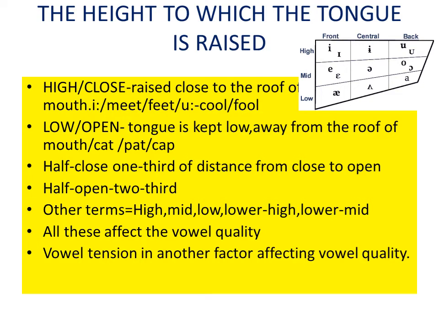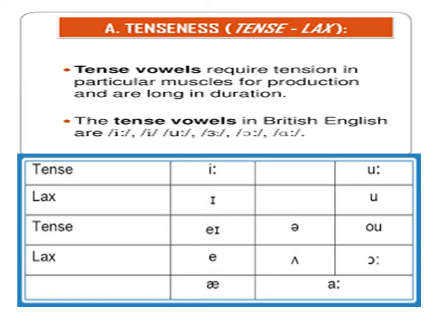Vowel tension is another factor affecting vowel quality. What do we mean by vowel tension? Vowel tension is when these vowels are produced, they require tension in particular muscles for production and are long in duration. For example, ee.